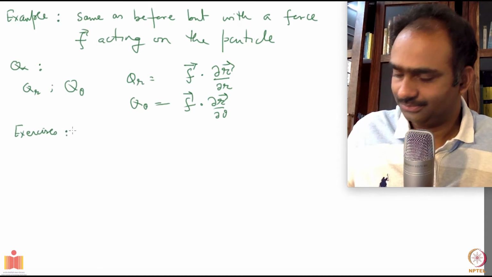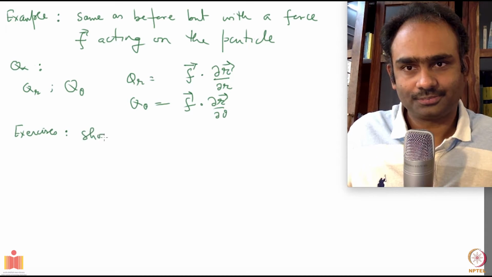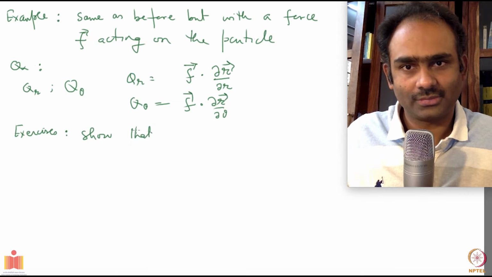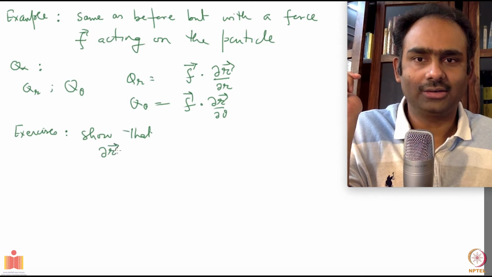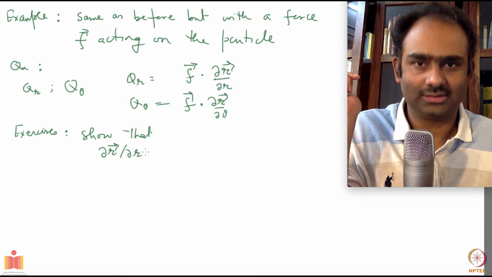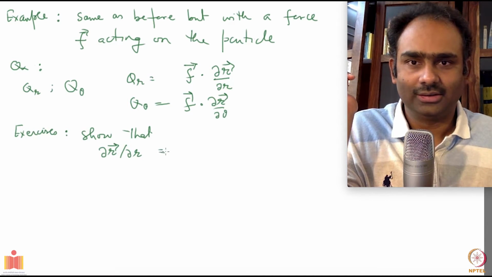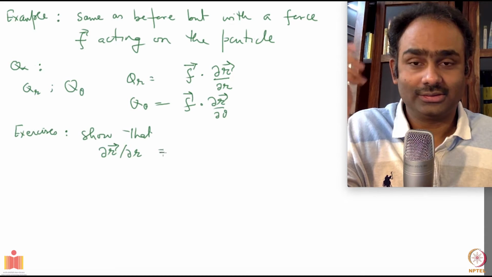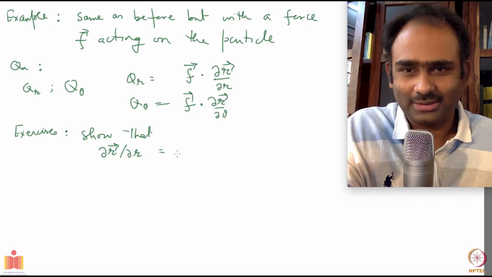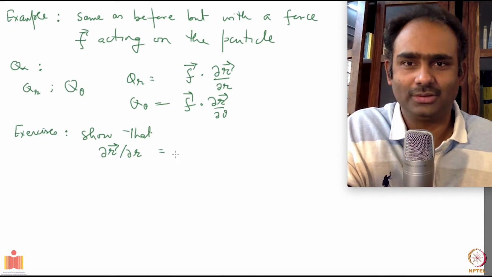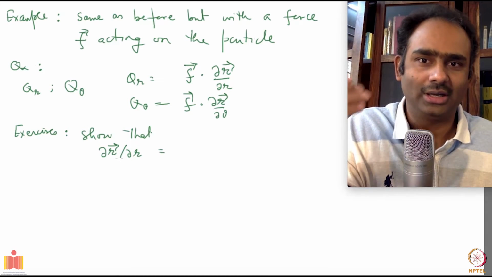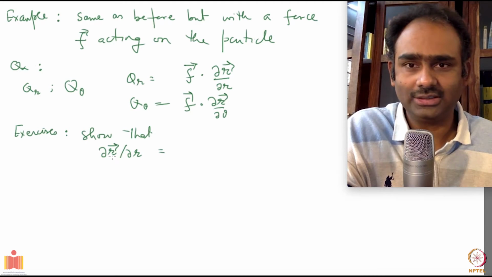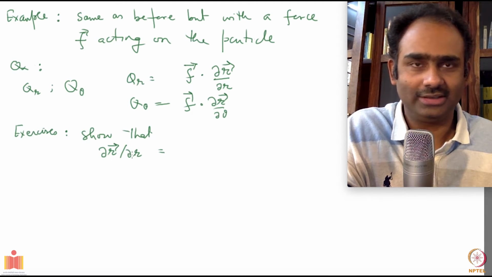Show that if you take the derivative del R over del r, okay, I'll tell you the result, but even before that, you look at on the left hand side, this is a dimensionless quantity. You have the dimensions of length in the numerator here and dimensions of length in the denominator.